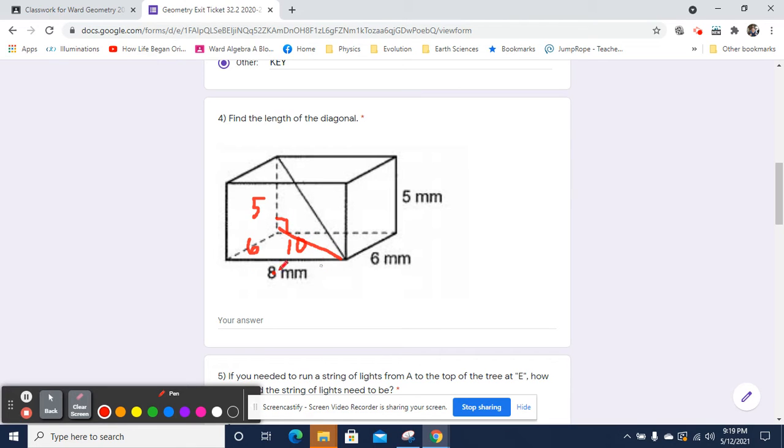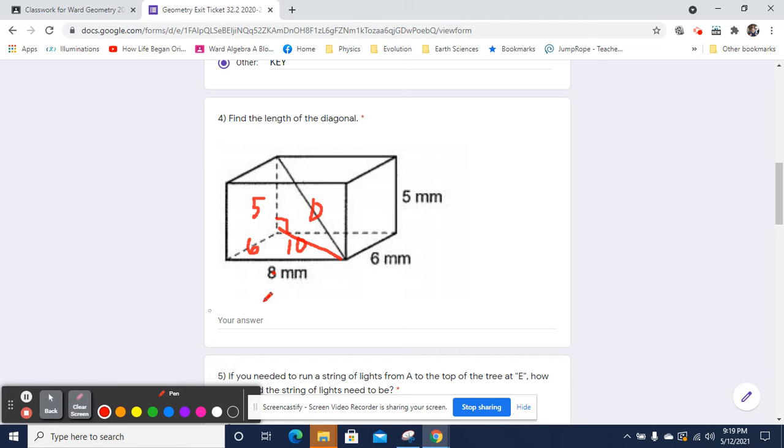Since this is this squared plus this squared, and this is this squared plus this squared, then we actually can treat this diagonal: the diagonal squared will equal length squared plus width squared plus height squared.